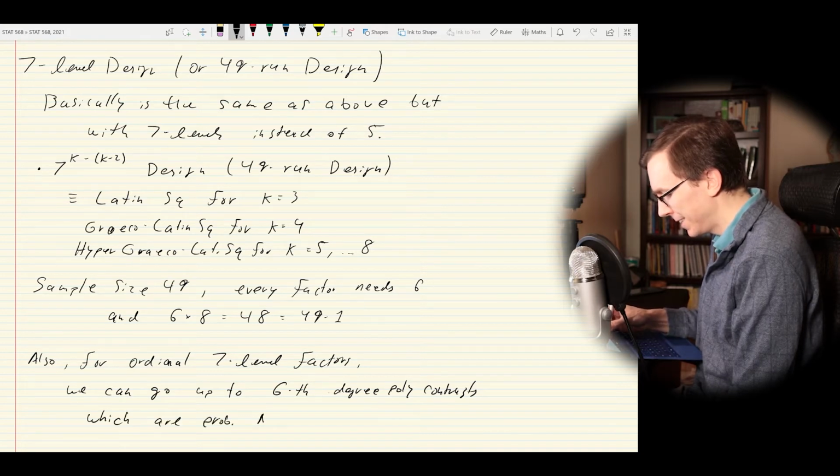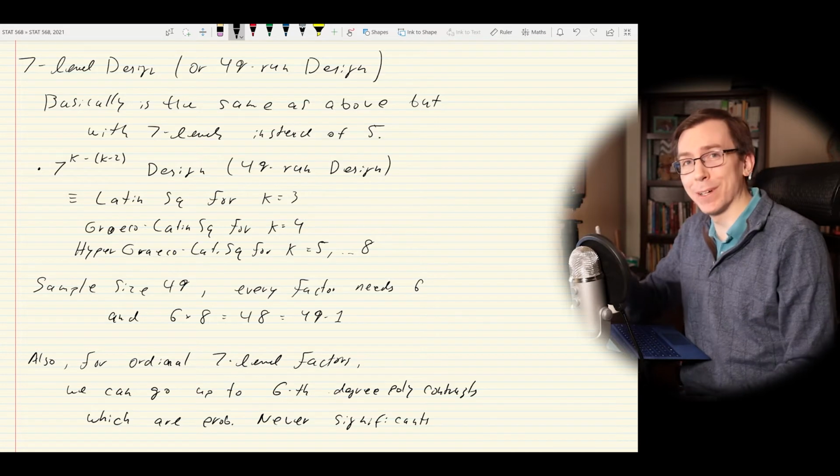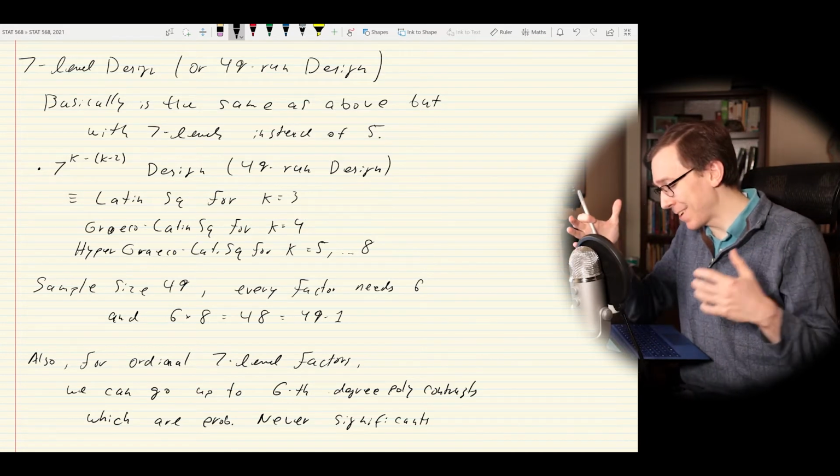But if you ever find a significant 6th order polynomial contrast, please let me know, because that would be really neat.